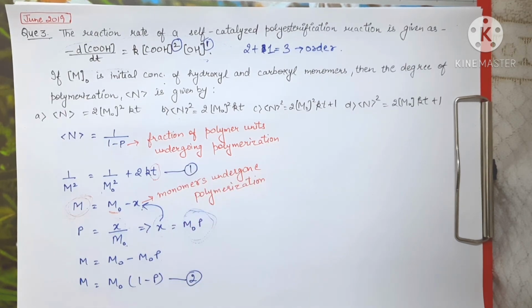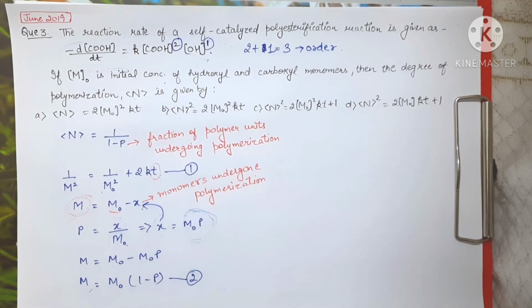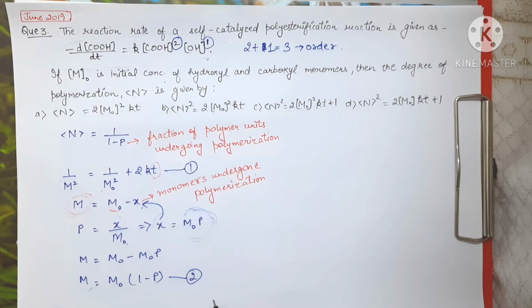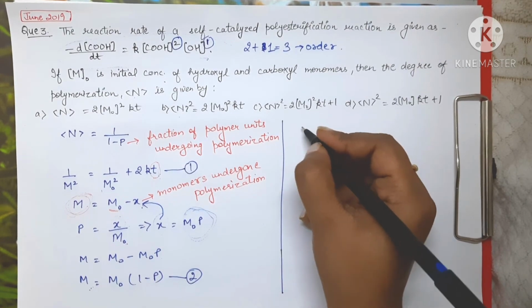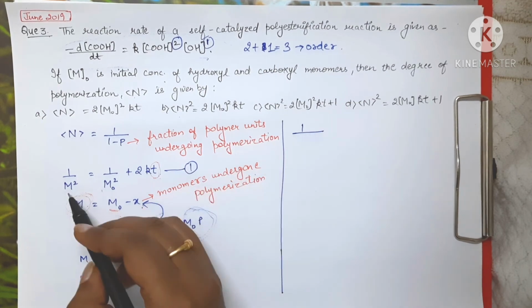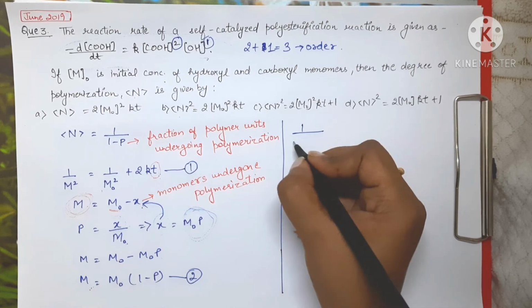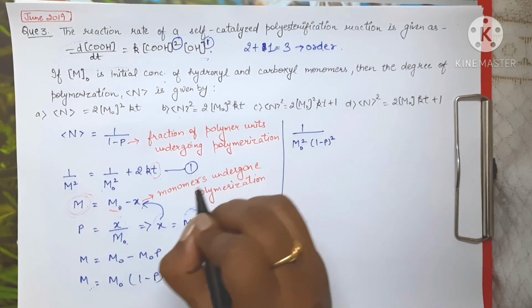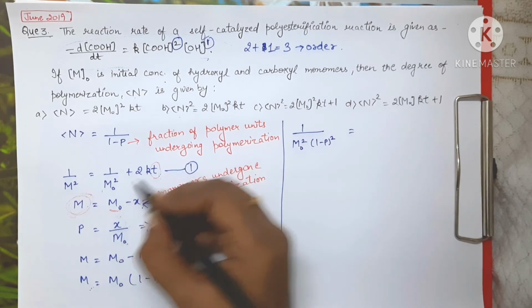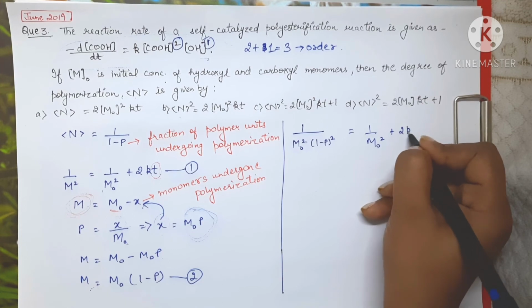Now you can put the value of this m in equation number 1. Simply putting 2 in 1, what you will get? 1 upon m square, instead of m square we are going to write this whole square. So it comes out to be m naught square into 1 minus p whole square, that will be equal to 1 upon m naught square plus 2kt.